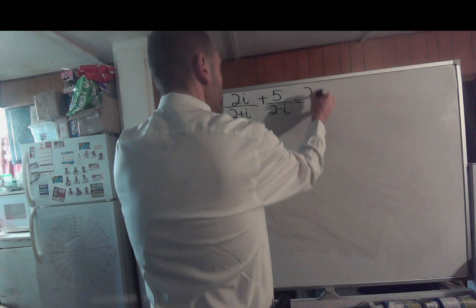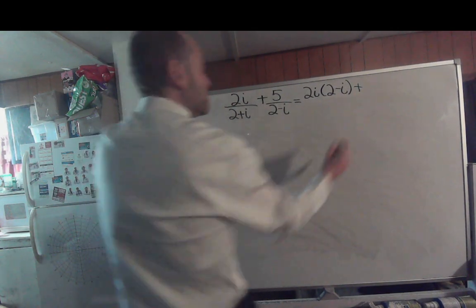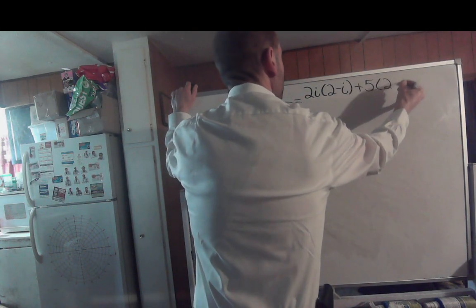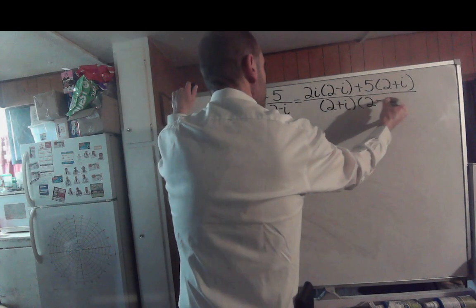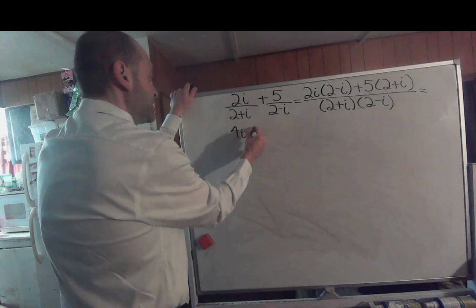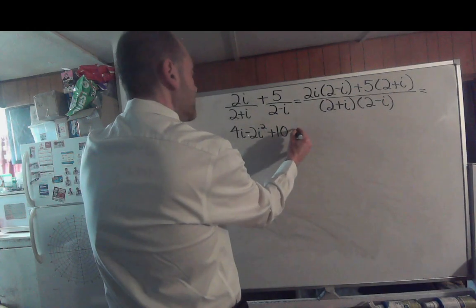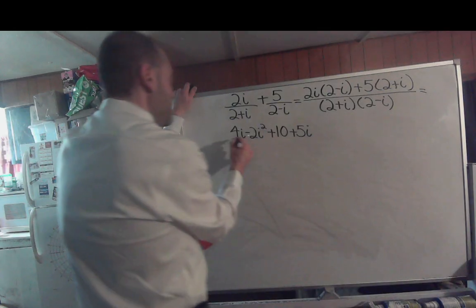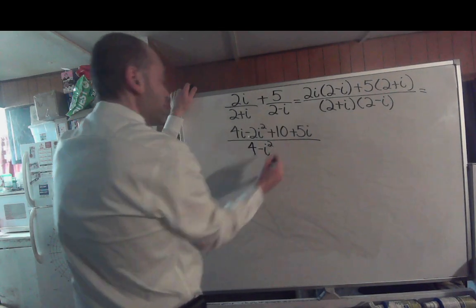So this will turn into 2i times 2 minus i plus 5 times 2 plus i all over 2 plus i times 2 minus i, which when we simplify the numerator will become 4i minus 2i squared plus 10 plus 5i. All that all over your denominator of 4 minus i squared.